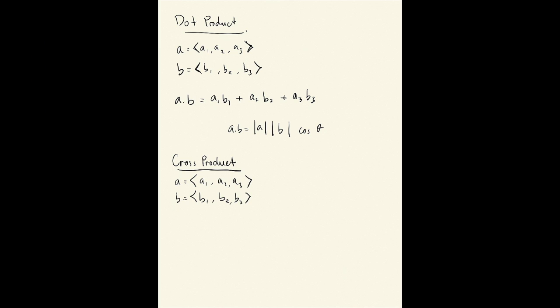So if I write A cross B, it will be A2 B3 minus A3 B2, and then A1 B3 minus A3 B1, right? And then what else? A1 B2 minus A2 B1.